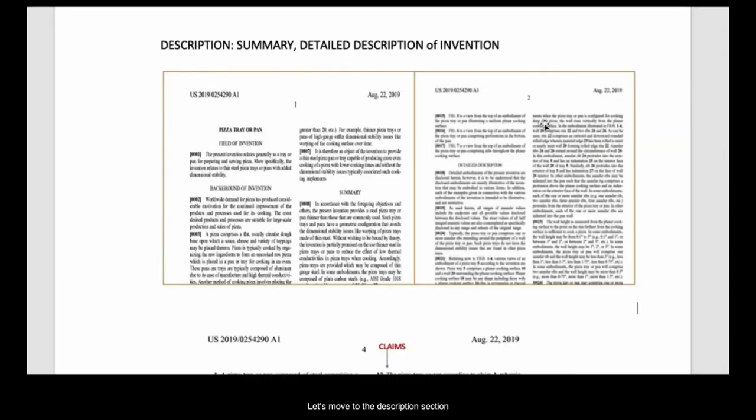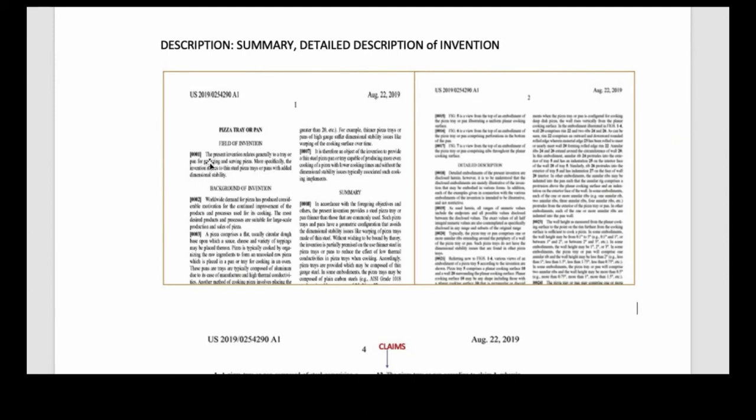Now let's move to the description section, which consists of the text which describes the invention. If we go from top to bottom, we can see there is a field of invention which broadly talks about the field of this particular invention. The font is a little difficult to read, but I will try to explain.